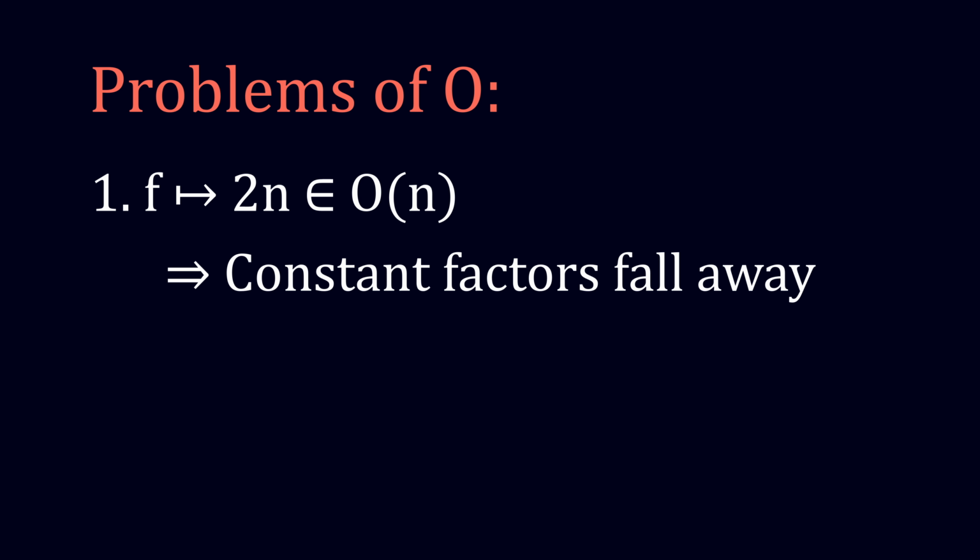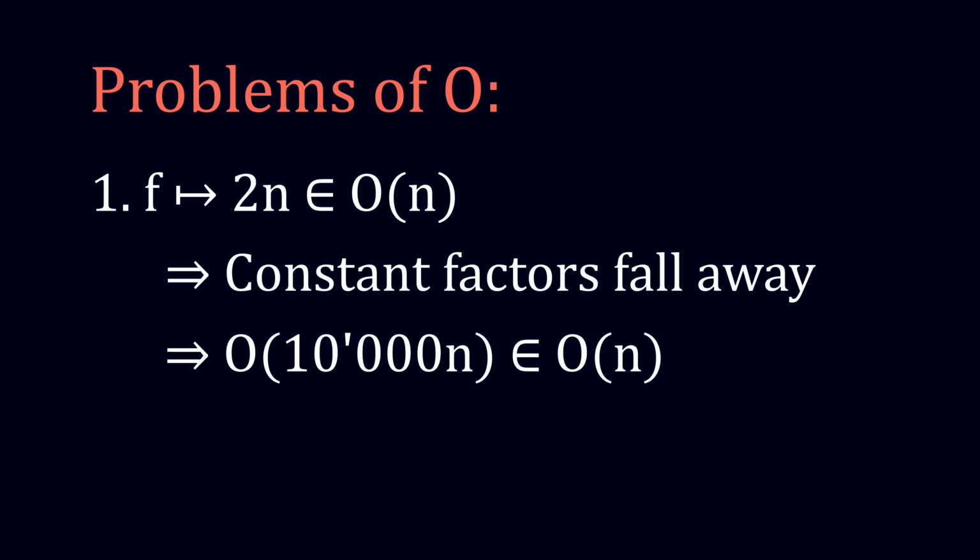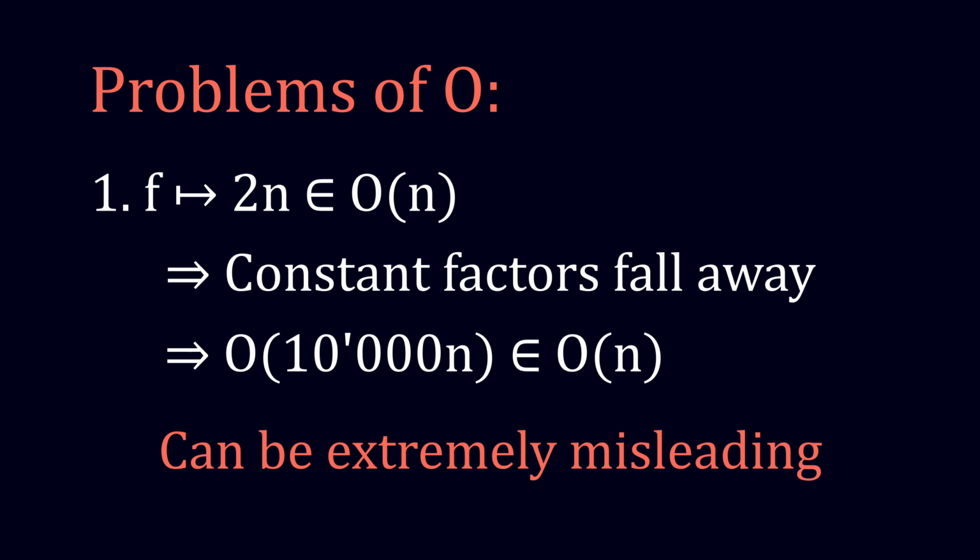So an algorithm that technically has runtime of O of 10,000 times n can be written as having runtime O of n, as 10,000 is just a constant factor. This obviously starts to skew this very intuitive and simple understanding of O related to time cost by this hidden constant factor.